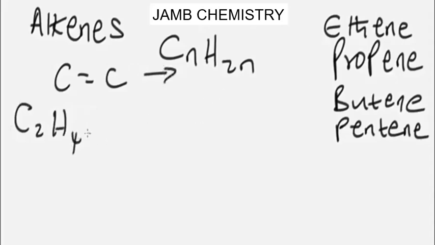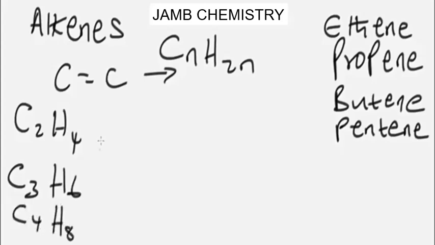Propene has 3 carbon atoms, so the formula for propene will be C3H6. That of butene will be C4H8. That of pentene will be C5H10, in this order.